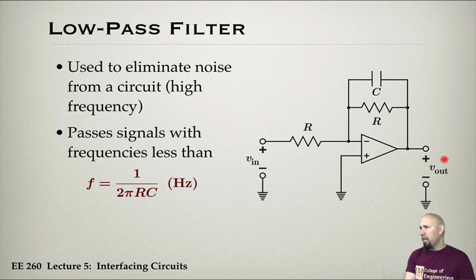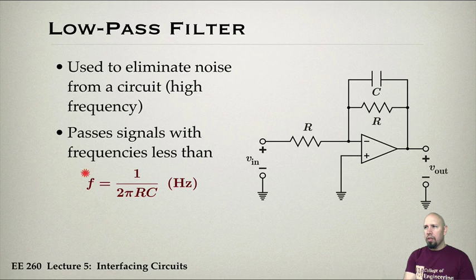So you have a voltage in and a voltage out, and the voltage out is set so that the magnitude of the voltage in will basically be the same as the magnitude of the voltage out. The difference is that now you will reject frequencies higher than this value, and you will pass frequencies that are less than this.